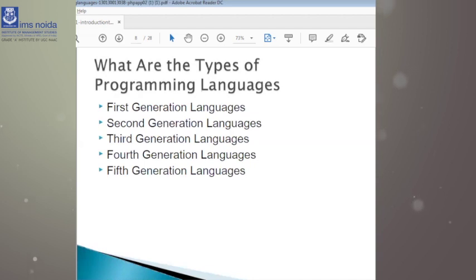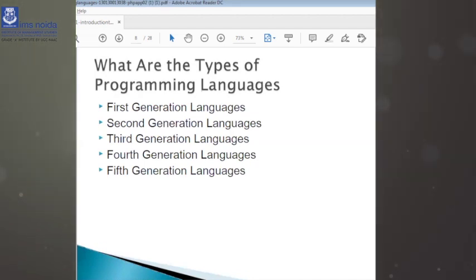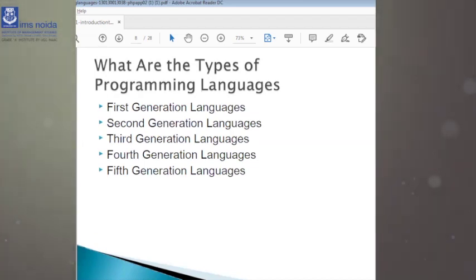Each phase of improvement can be referred to as a generation. The programming languages, in terms of their performance, reliability and robustness, can be grouped into five different generations: first generation, second generation, third generation, fourth generation, and fifth generation language.